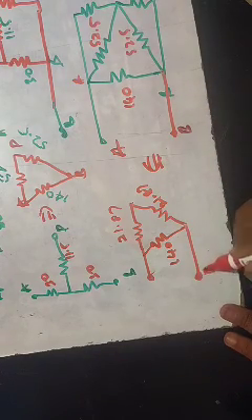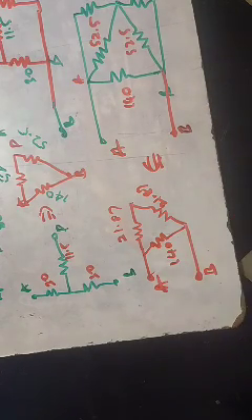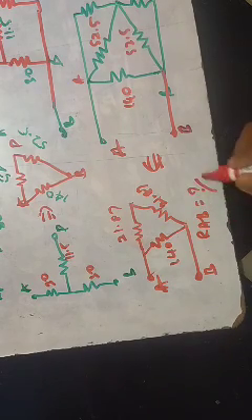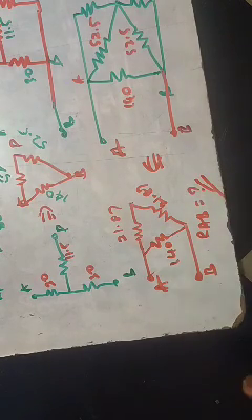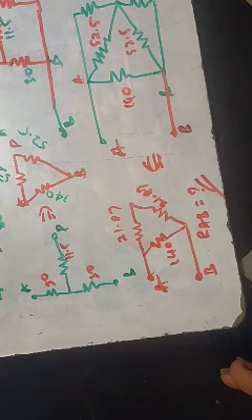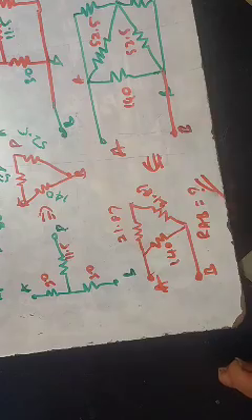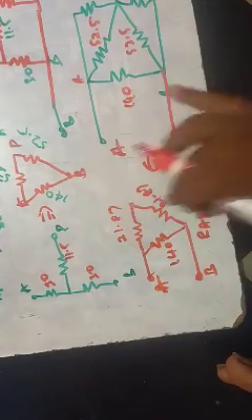This is B. But actually in this, we have to find RAB. See here, 21.87 and 21.87 are now in series.